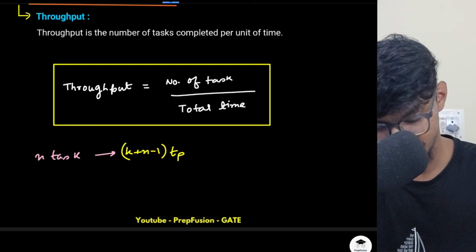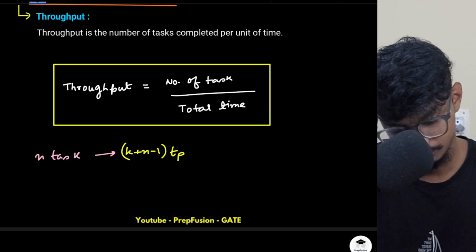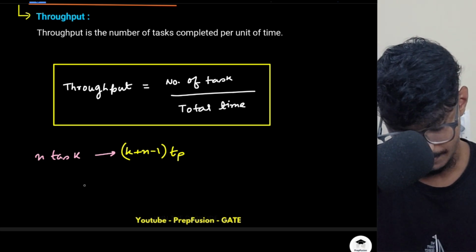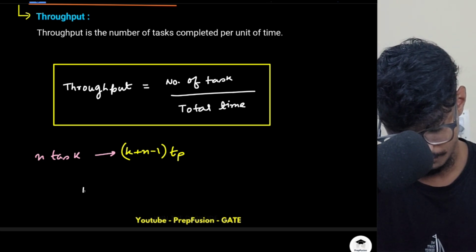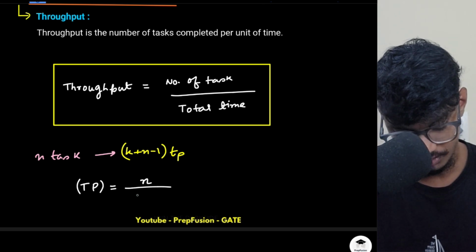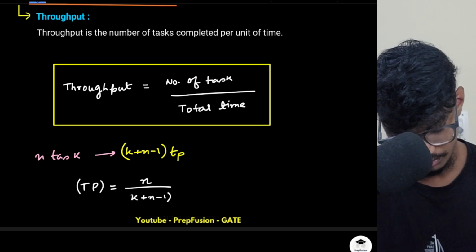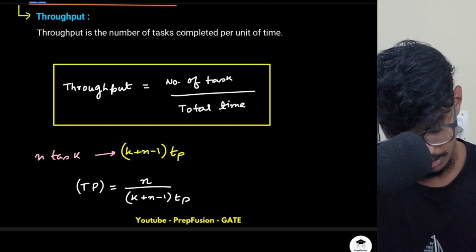So if I just take the ratio, throughput will be n tasks divided by the total time taken, that is (k + n - 1) * TP.